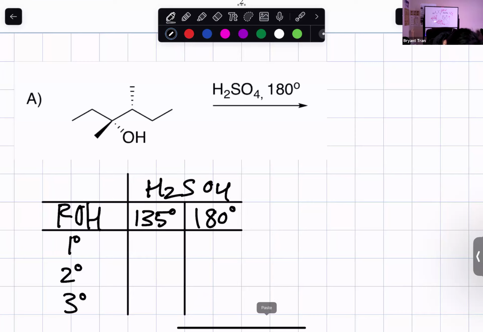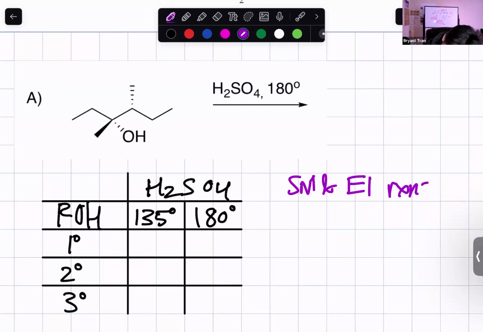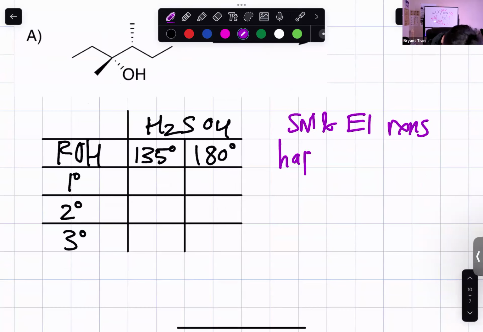If you react a primary alcohol with H2SO4 and 135 degrees Celsius, well, before that, when we learned about SN2, SN1, E1, and E2 reactions, we know that SN1 and E1 reactions go together. They happen simultaneously at the same time.